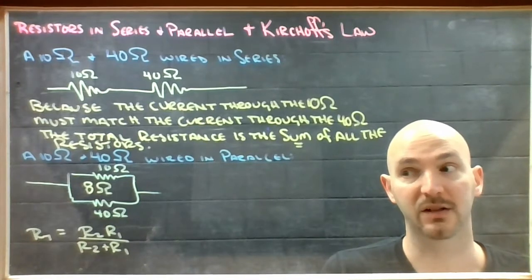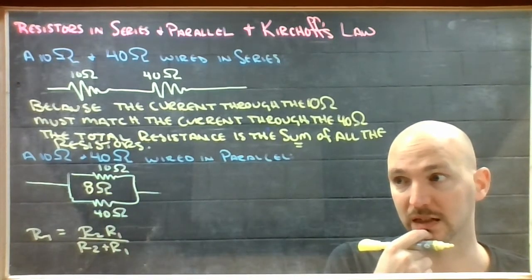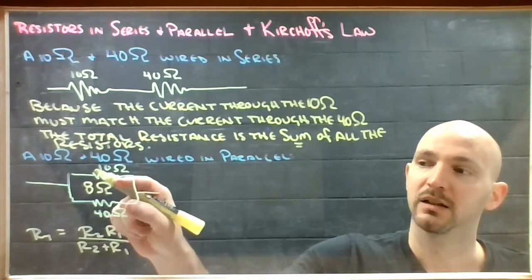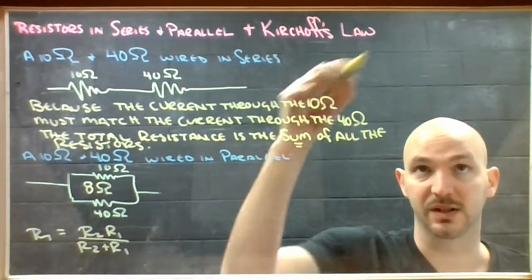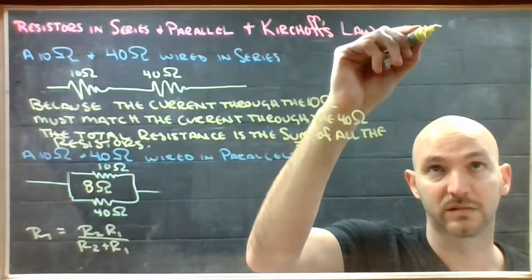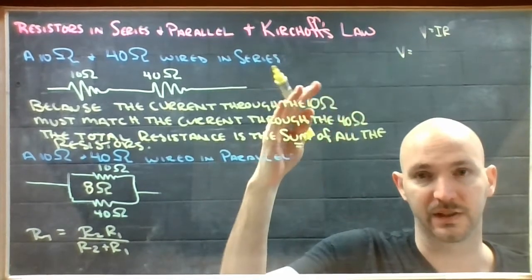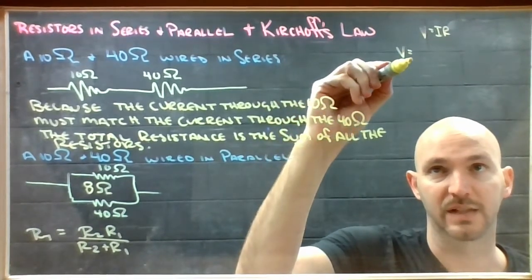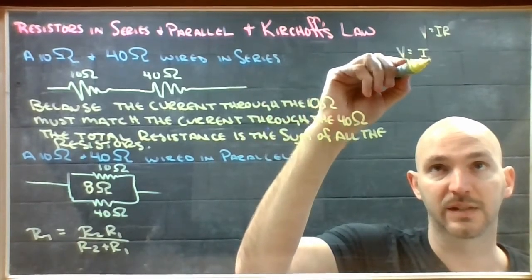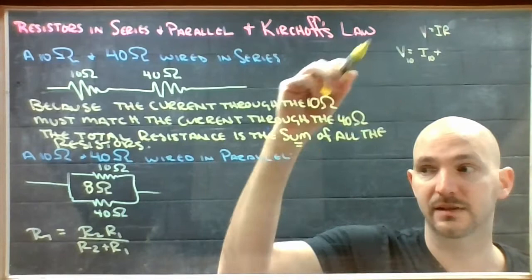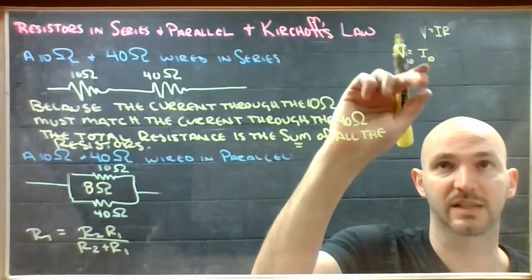Alright, so back to Ohm's law to try and convince you that this 8 was correct. If I were to try and calculate the current through this particular resistor, I'd use Ohm's law. I don't know what the voltage is, but whatever, it's a number. Voltage through the 10 would give me my current through the 10 multiplied by the resistance of that 10, which is just 10.